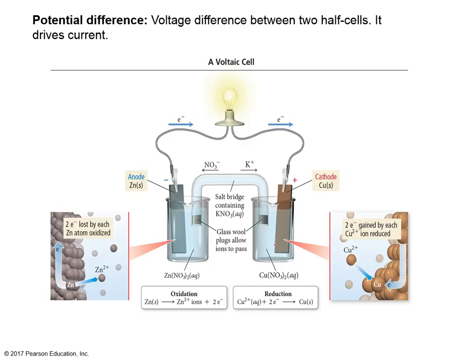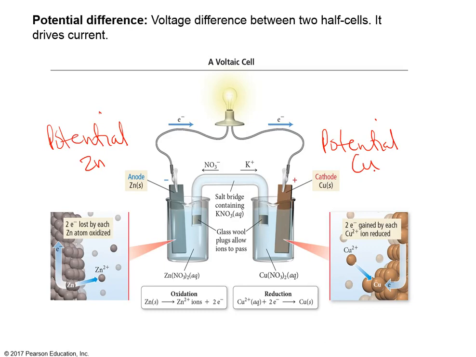I mean, the potential maybe to repel electrons, the potential to gain electrons. So they have their own potential. So we'll say the zinc has potential, potential zinc, and the copper here also has potential copper. That is electrical potential or something like that.